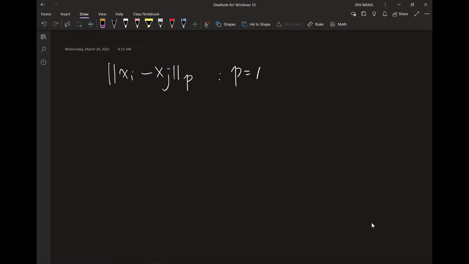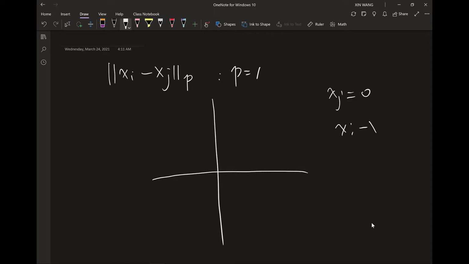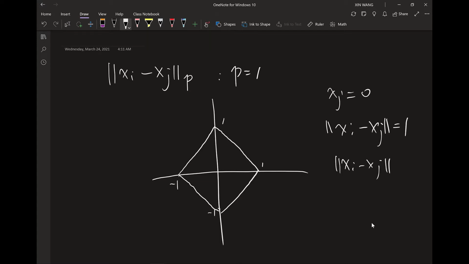Assume x_j is the origin and the distance from i to j is 1. In this one norm case, we can draw the contour of x_i, and actually this is a square.